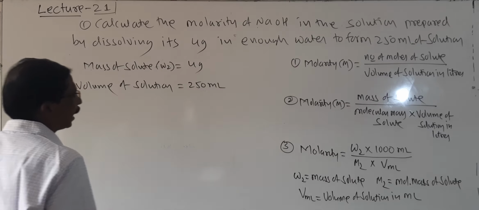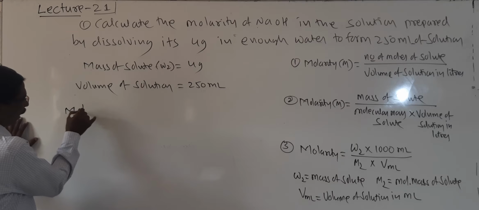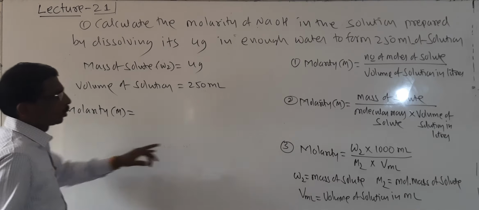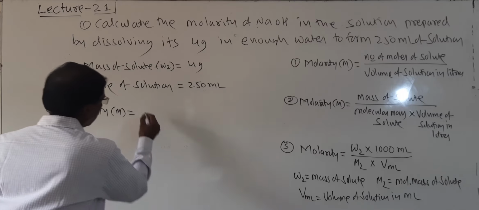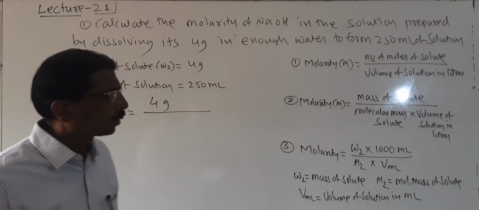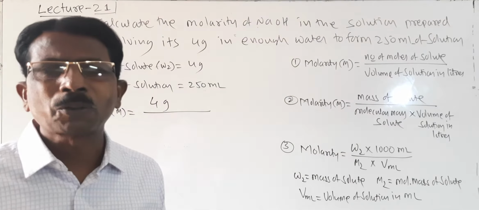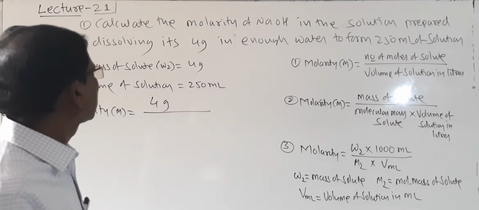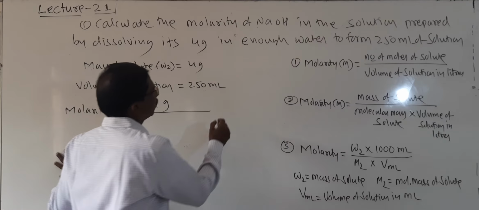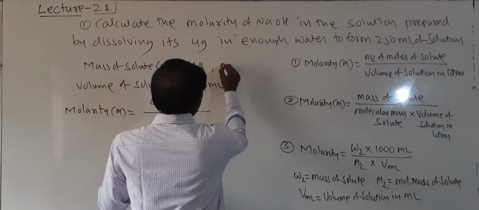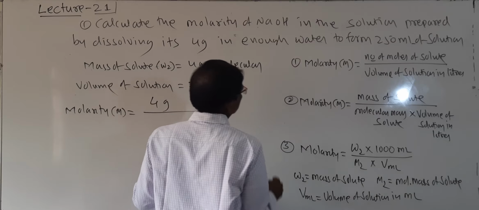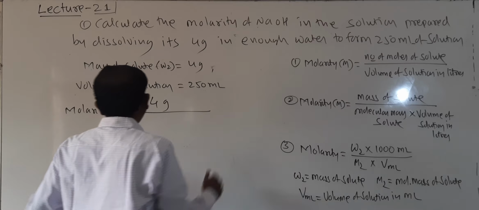Then I will take molarity equal to, by the second formula, mass of solute, that is 4 gram, divided by molecular mass of solute. What is the molecular mass of solute? NaOH. We know this molecular mass of solute; I will write it here.